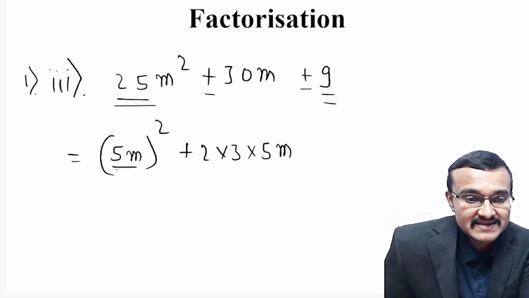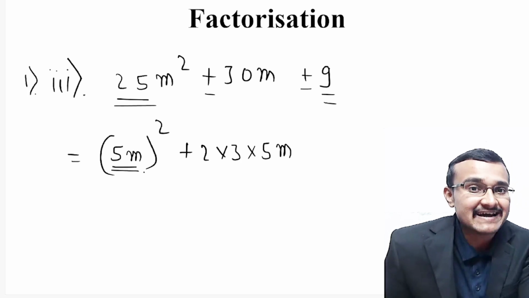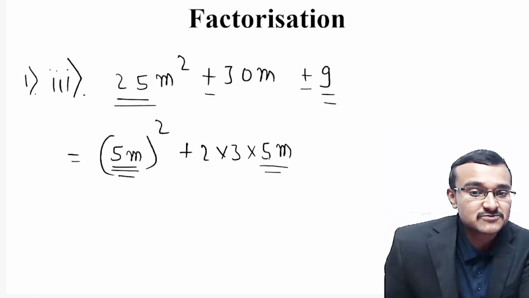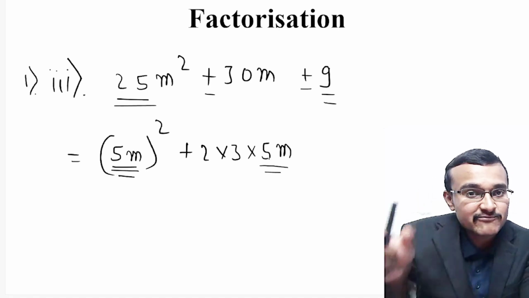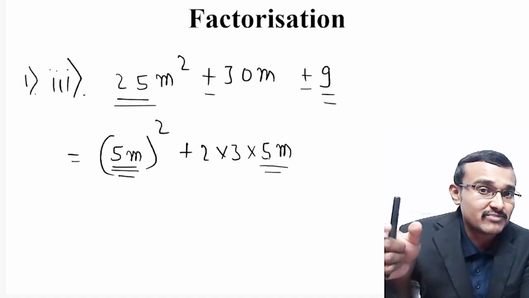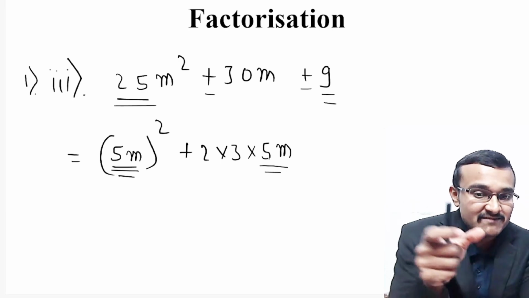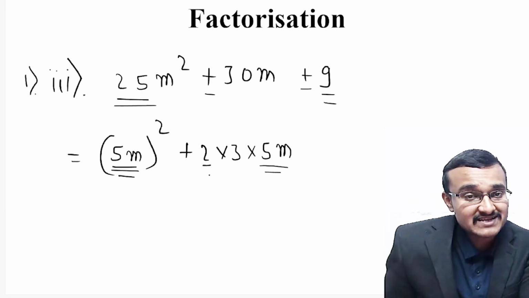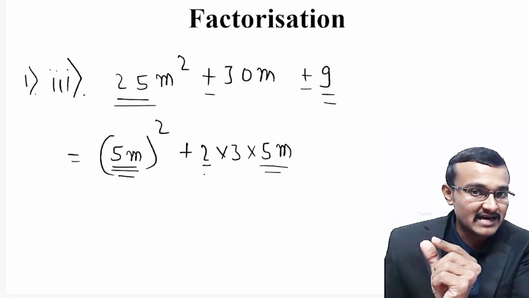Here you should see that in the place of a we have 5m. So here also we should get 2ab, so one a should be there, that means 5m should be there. That's why I have split this 30m into 5m, and whatever number you multiply with that 5m to get 30m is 2 and 3, because 2 will also be there in the formula, since you will be having 2ab.